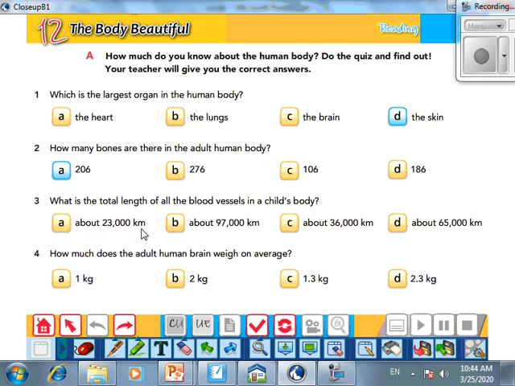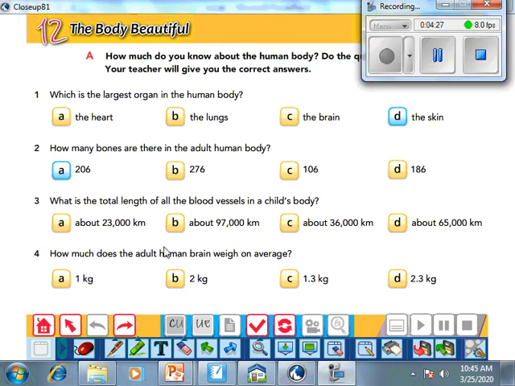A, about 23,000 kilometers; B, about 97,000 kilometers; C, about 36,000 kilometers; D, about 65,000 kilometers. Yes, great. It's about 97,000 kilometers.